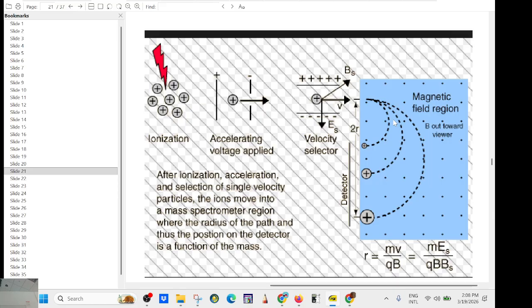So let's say you have a bunch of isotopes all positively charged, and they all have the same charge. They go inside a magnetic field. So let's review again. This is the velocity going inside the magnetic field. The magnetic field is towards you. Force is down, so it will make that turn.